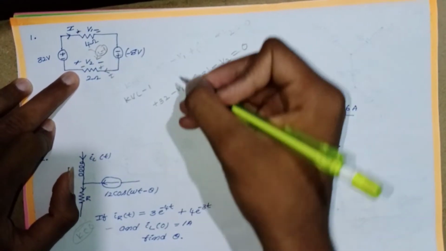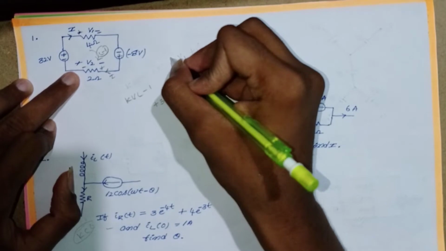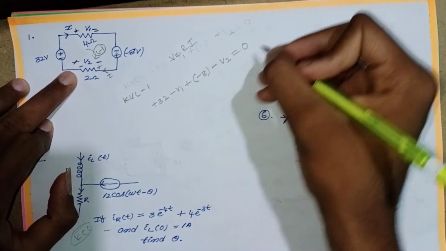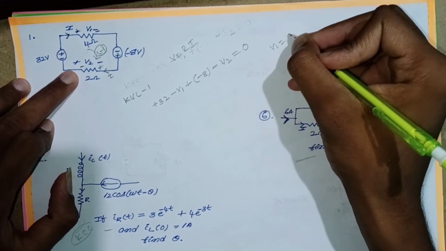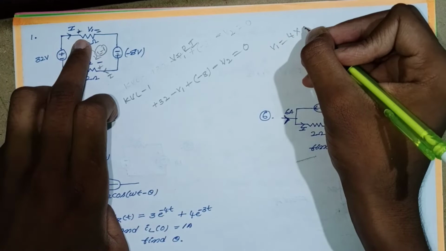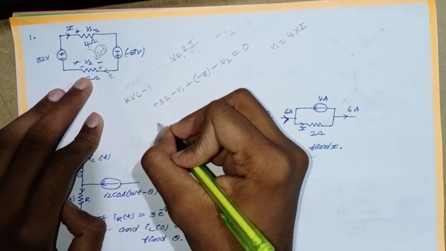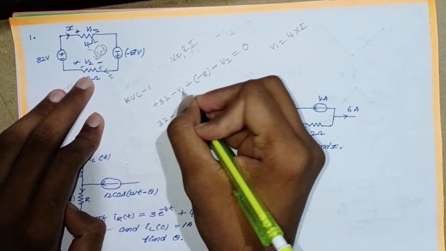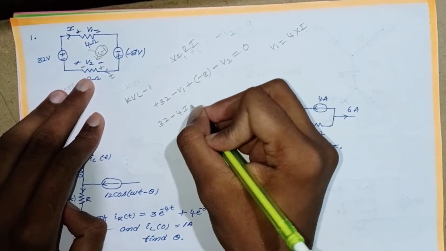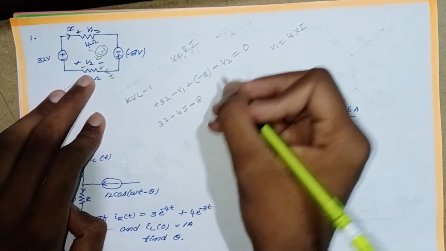We know that according to Ohm's law, V is equal to Ri. So V1 is equal to R, R is 4, into I. So 32 minus V1 is 4 into I, so 4I, plus minus 8, V2.